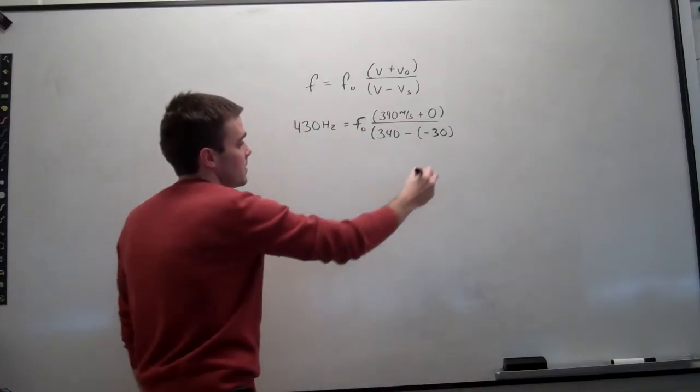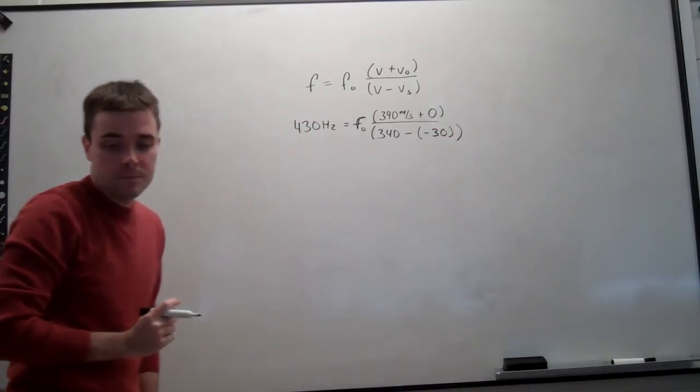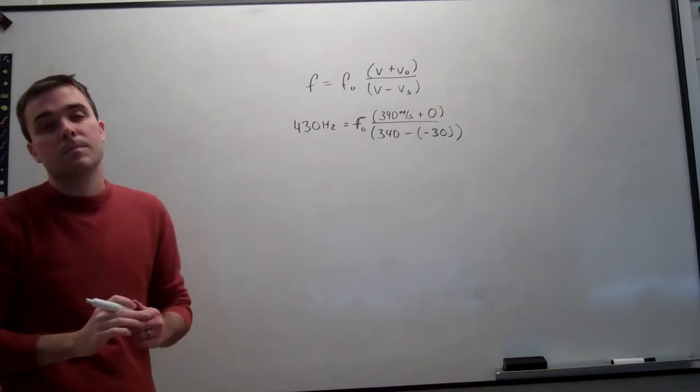Does that make sense why it's that? If it was moving toward you, it would be just minus 30.